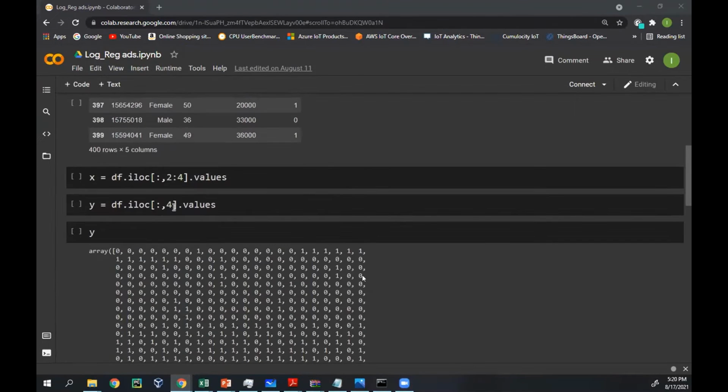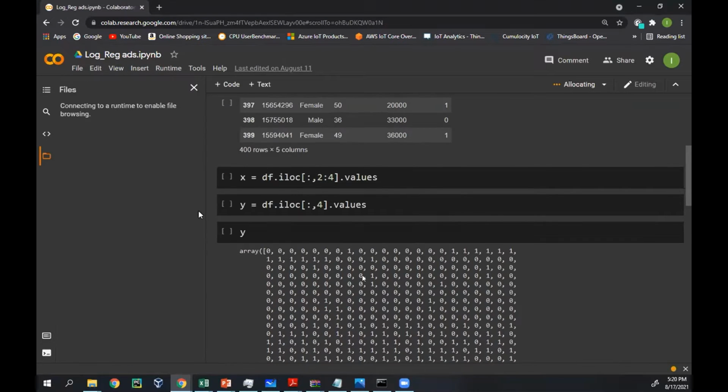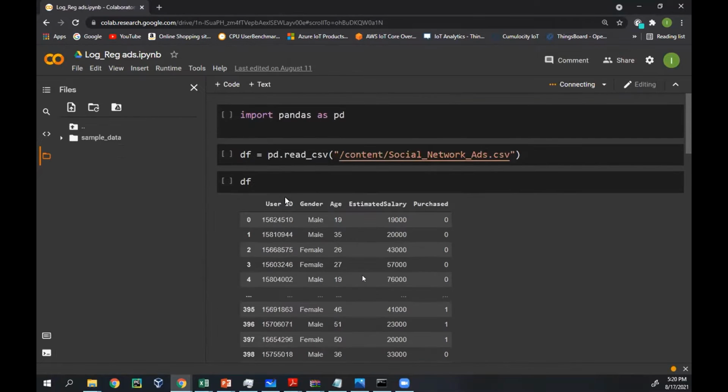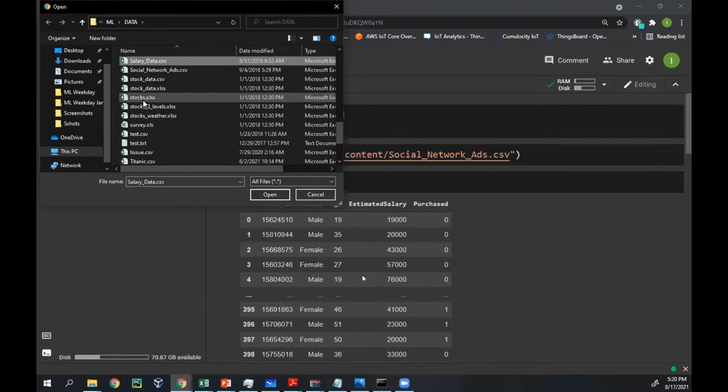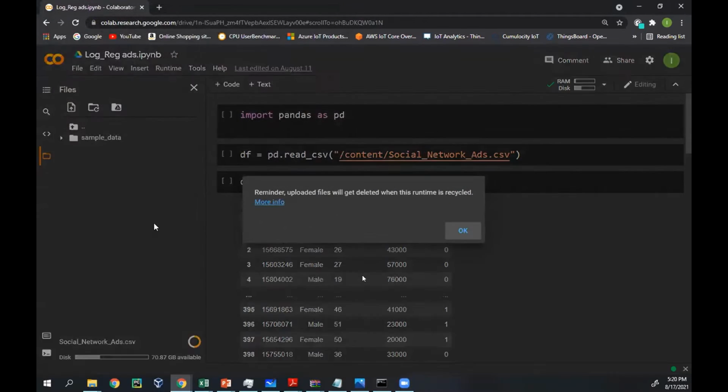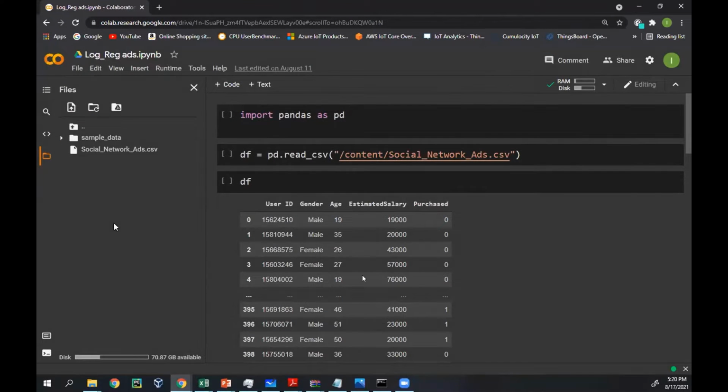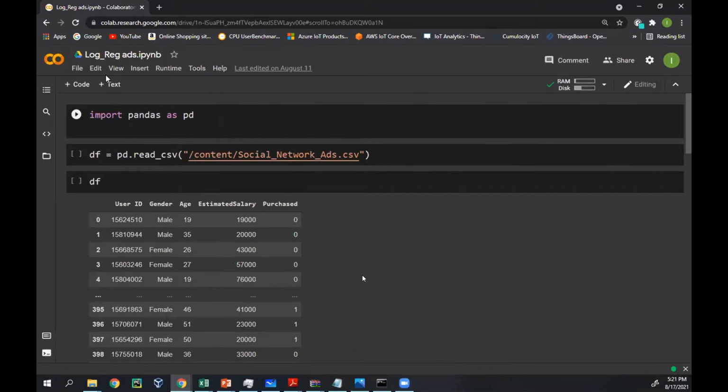Okay, so the thing is, guys, if you look at your x values here, which I have not shown to you, let me show it to you. Social network ads, right? So let me just load the data set. Okay, so let me just run all the cells.